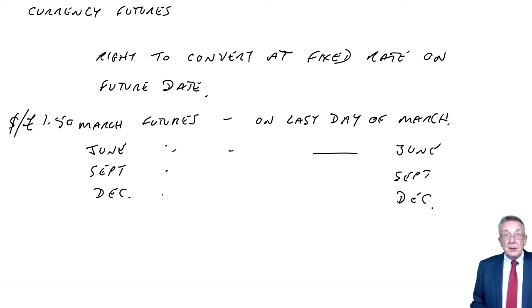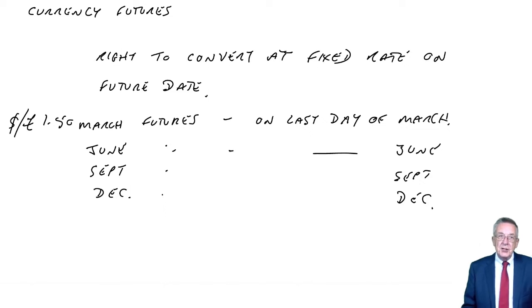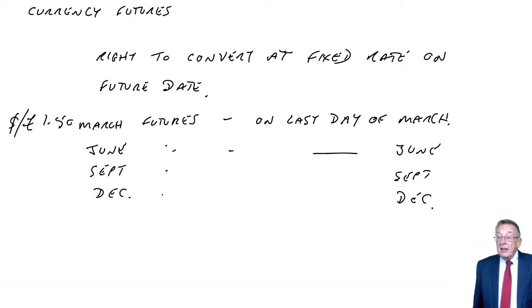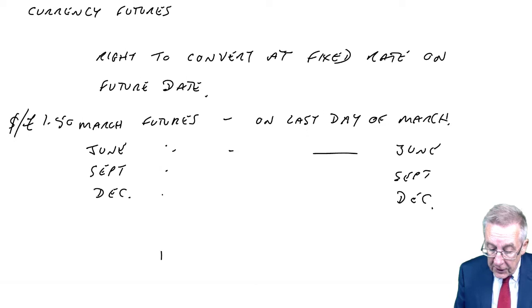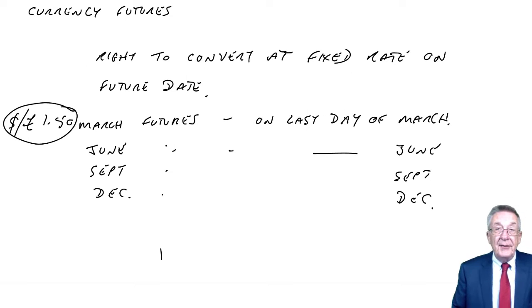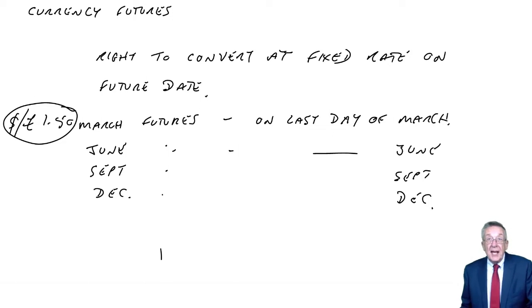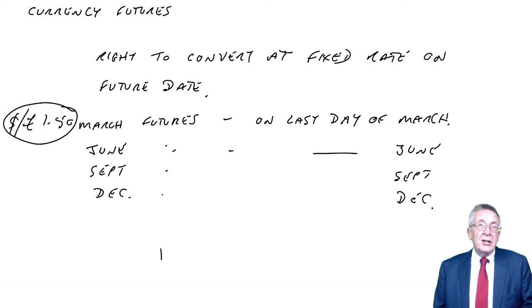And what a lot of people do, because they're traded, you can buy futures, you can sell them. A lot of people use them for gambling. You see, if a March future today is quoted at $1.50, you can buy or you can sell in the hope that the price will go up.